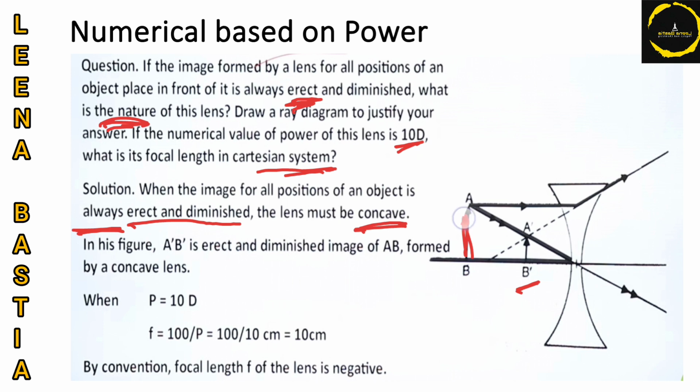Any position of the object you draw in front of a concave lens, the first ray is parallel to the principal axis, and it will diverge, and after refraction it will appear as if it has come from the focus, right? It is the focus. Now for getting the image, you have to take another ray that is passing through the optical center. The intersection point is the image position.